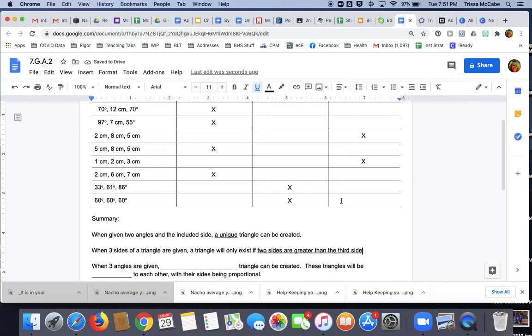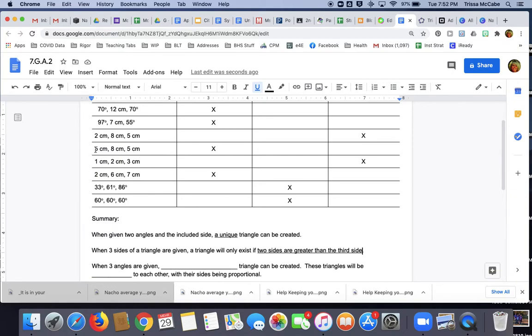Let's look to see what that means. So let's look at this one here where we know it was created. Two sides are greater than the third. So 5 plus 8 would be 13. Is that greater than 5? Yes. Let's look at these two. 8 plus 5 is 13. Is that greater than 5? Yes.